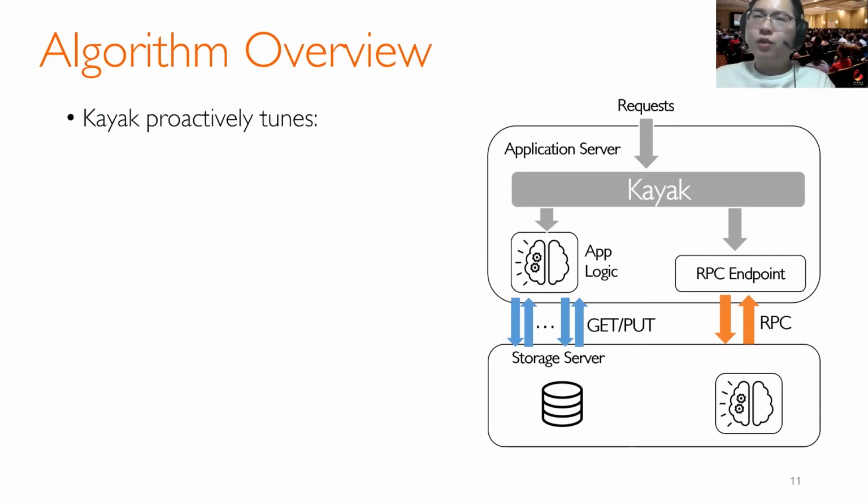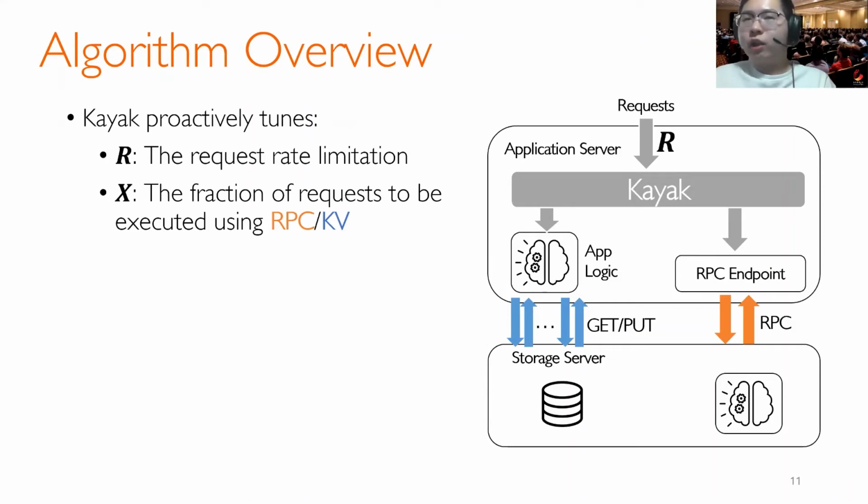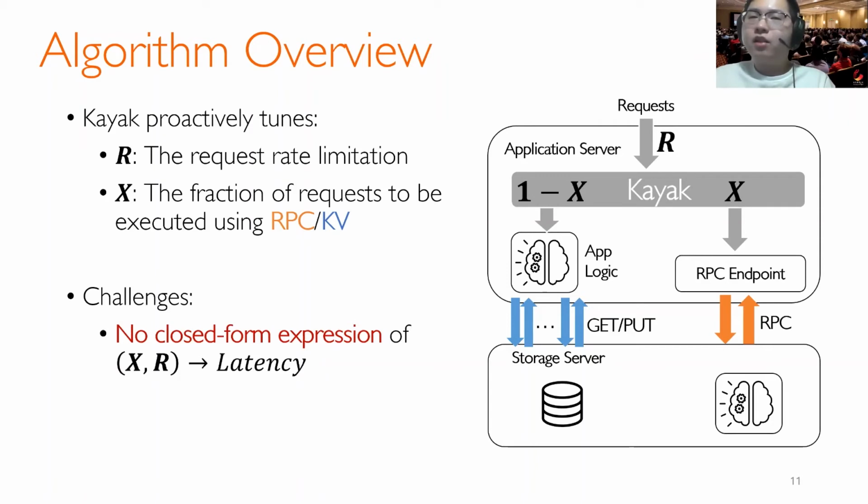So the algorithm of Kayak is basically to tune two parameters. One is the request rate limitation, and the other is the fraction of requests to be executed using one or the other approach. And the challenge we face here is that there is no closed form expression of the relationship between the latency target and the request fraction configuration and the request rate.